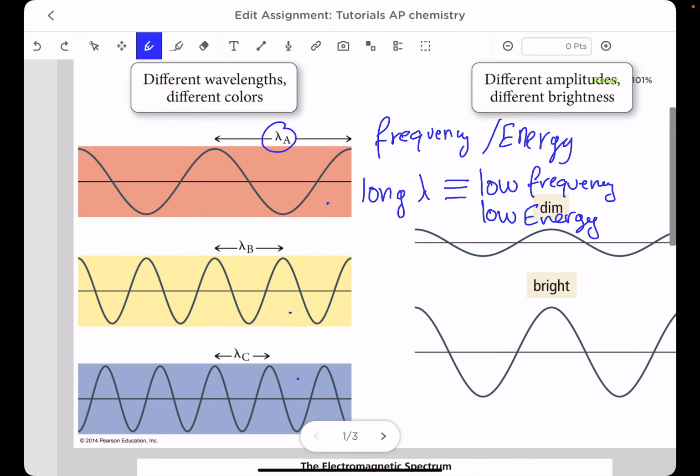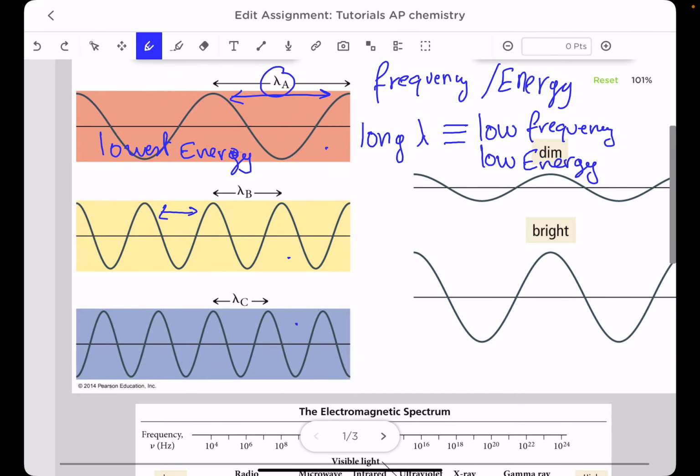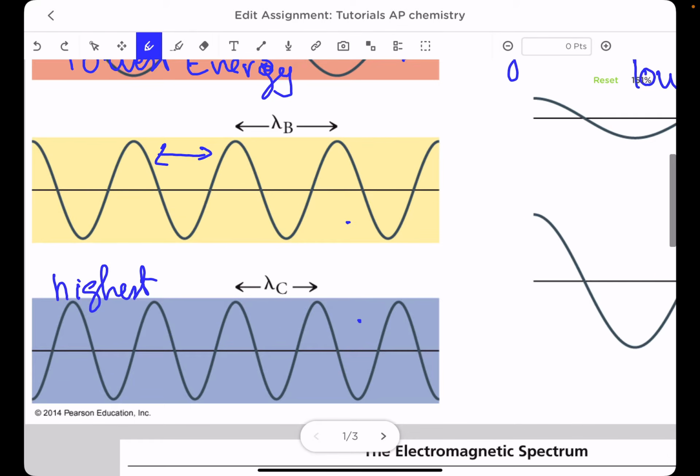So this figure is showing me a wavelength with the lowest energy because it has the longest lambda. This one has a shorter wavelength, meaning a higher energy. And this figure has the wavelength with the highest energy because it has the shortest lambda.